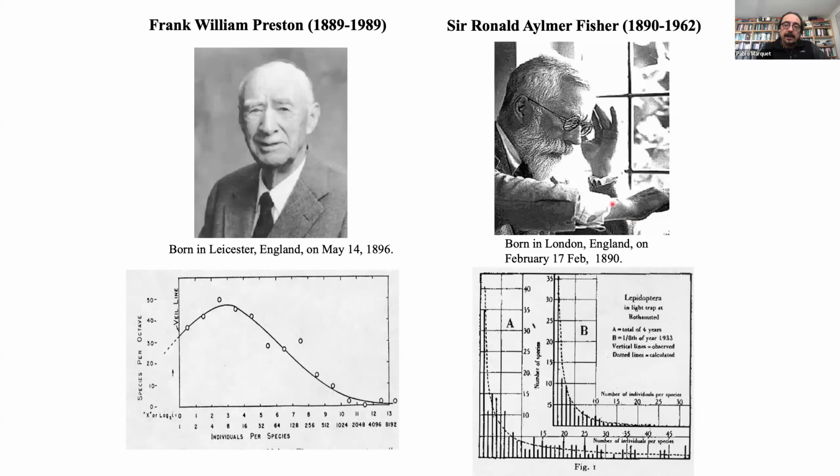To the right is Sir Ronald Aylmer Fisher, who back in the 40s was asked by two insect collectors to help them understand why the collection of butterflies in South Asia was dominated by rare species.